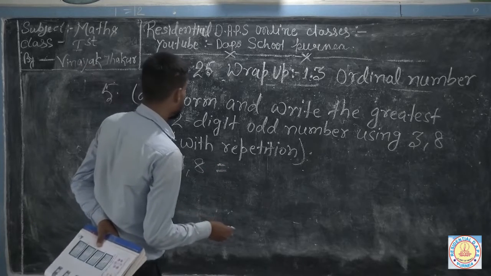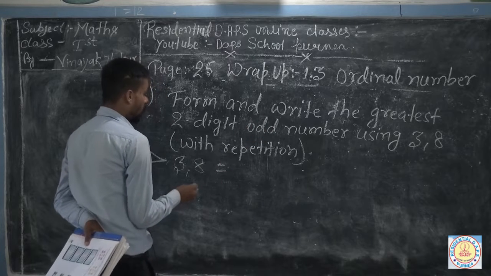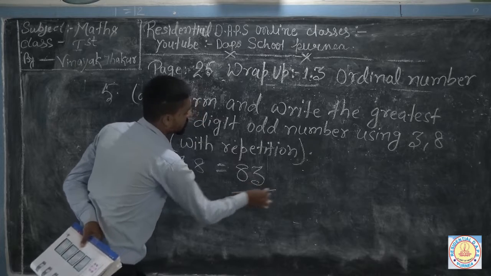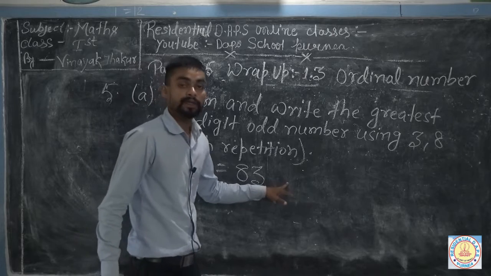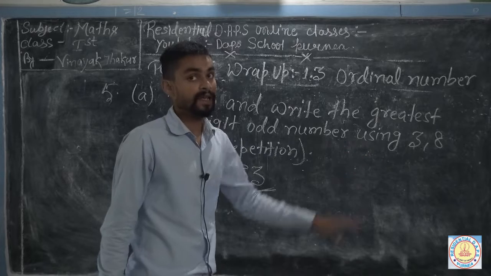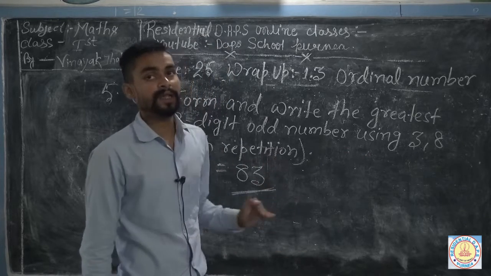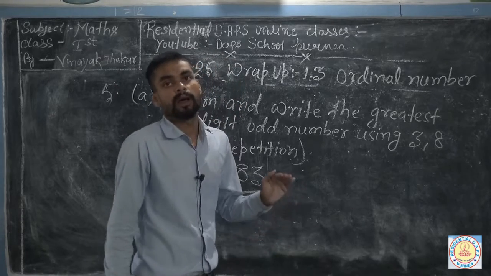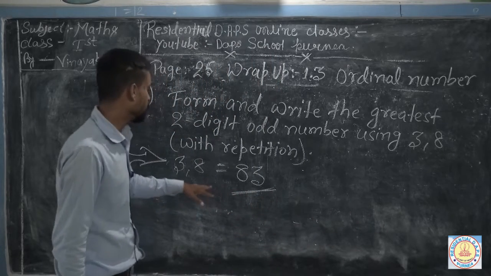These two digits are given, and your greatest two-digit odd number is 83, because 88 is a repeating number of 3 and 8, but 88 is an even number, so I'm not putting it here.